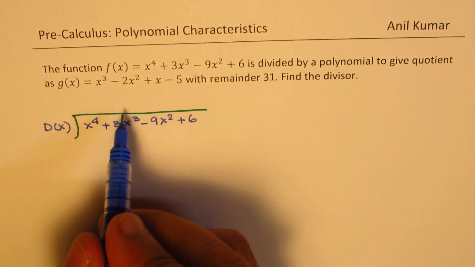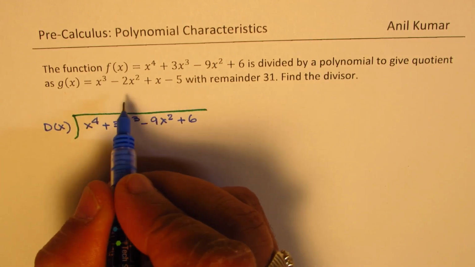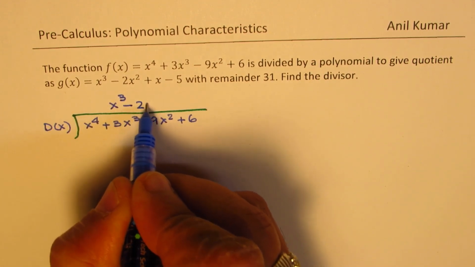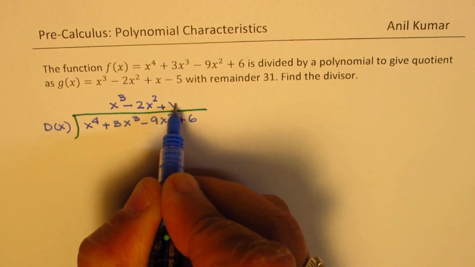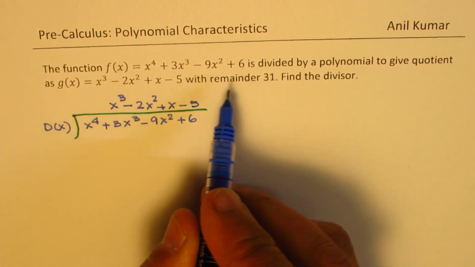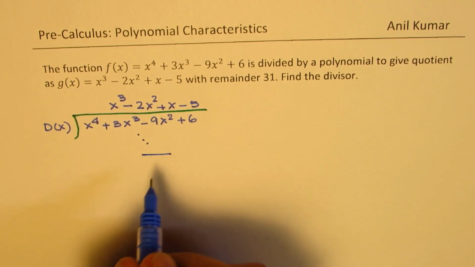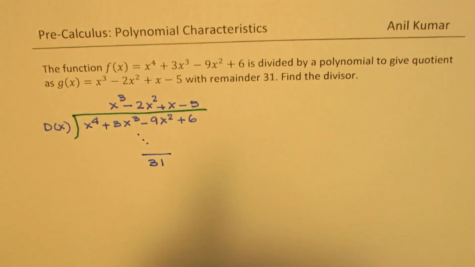To give a quotient x cubed minus 2x squared plus x minus 5 with a remainder of 31. So once this is done, we get a remainder of 31. Find the divisor. So the idea is to find what this divisor is, right?